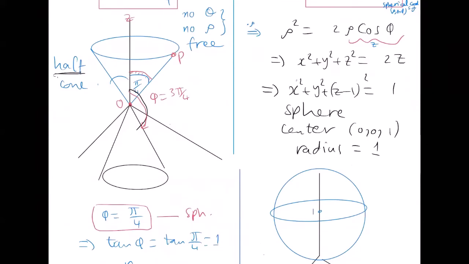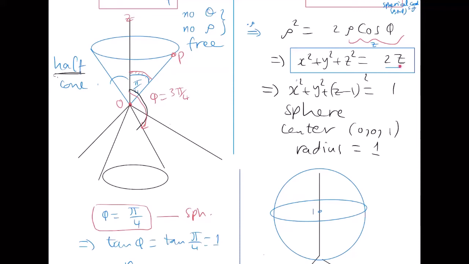This is again an equation of a sphere. This is a sphere, but the center is not the origin because we don't have here the radius. We have a variable. So how to get rid of this z and get the radius? We have to complete the square.